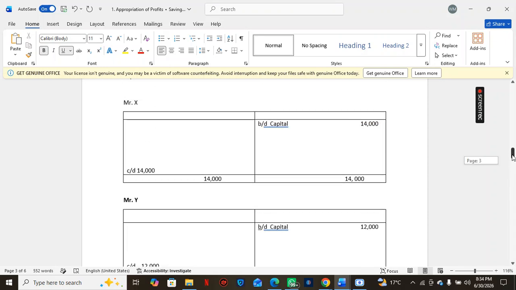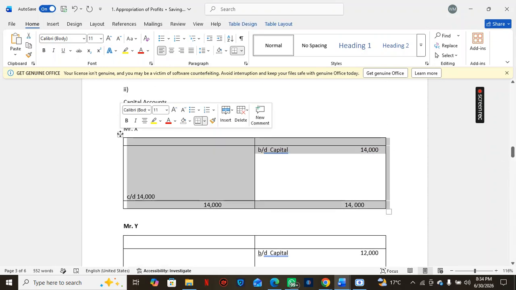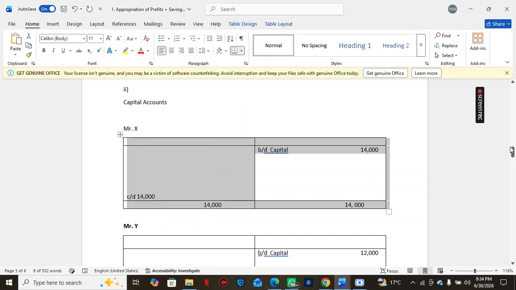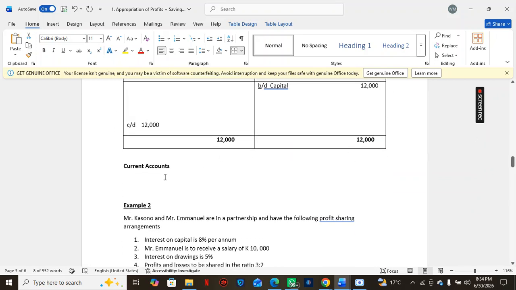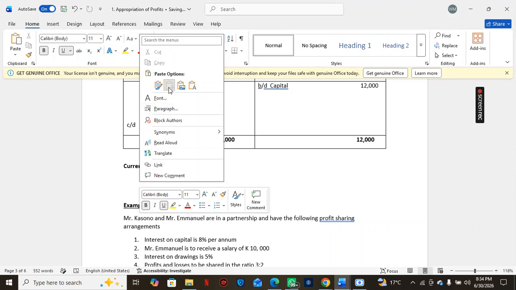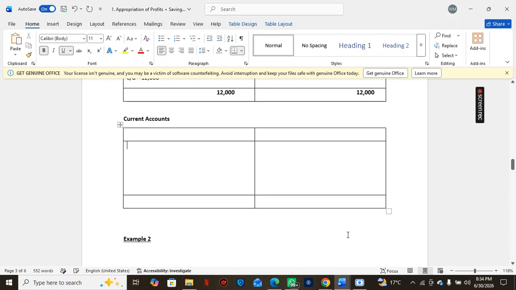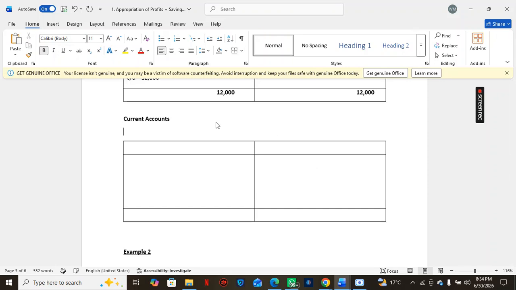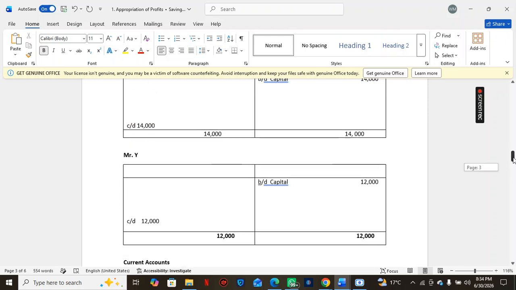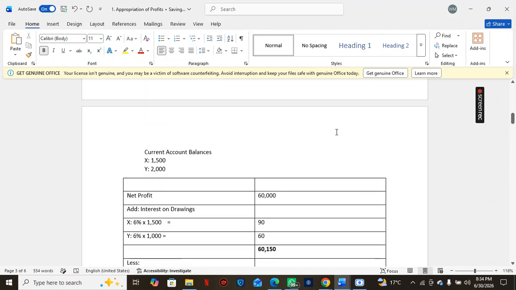So we're going to start with Mr. X. First we find out what the current account balance was. So current account balances: Mr. X 1,500, Mr. Y 2,000.